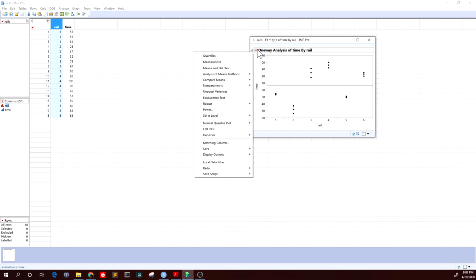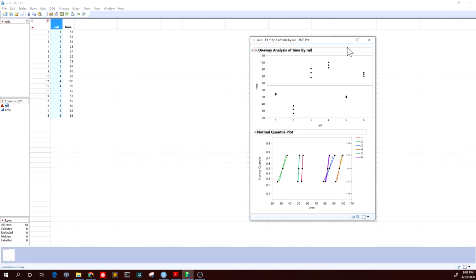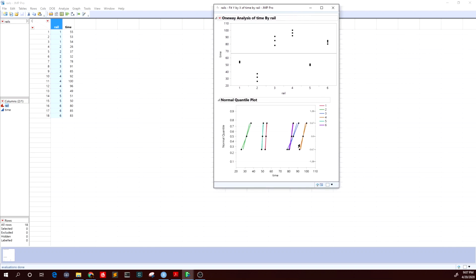And what you can do here is make the quantile by actual. This gives you a normal quantile plot of this data.